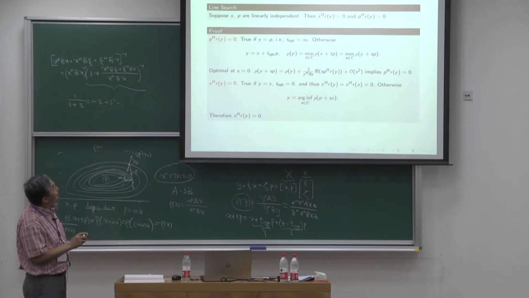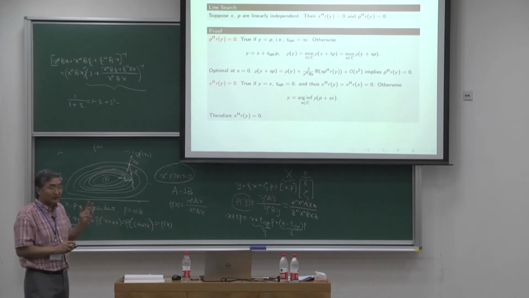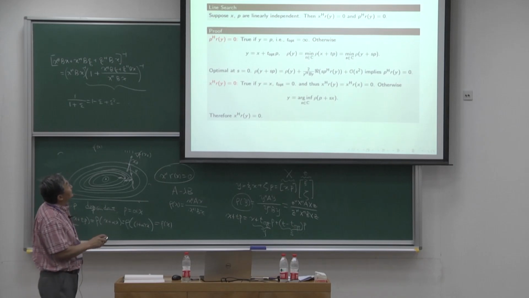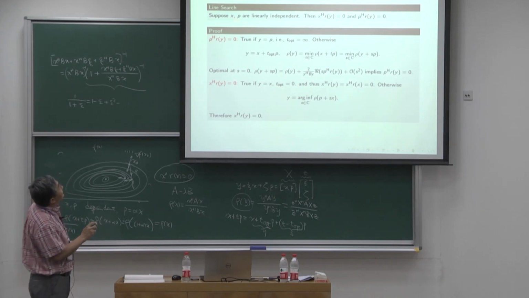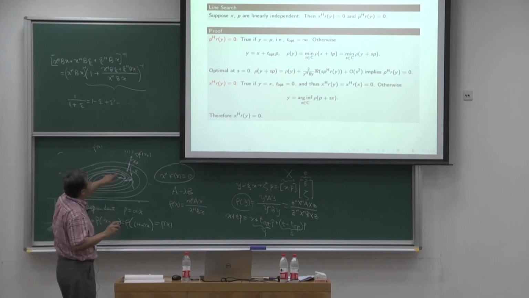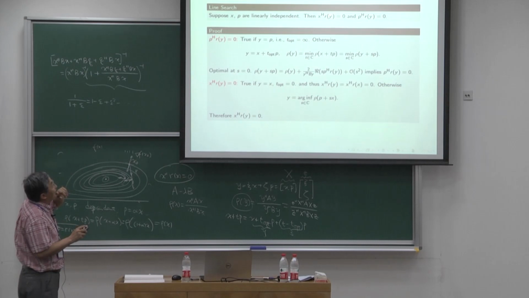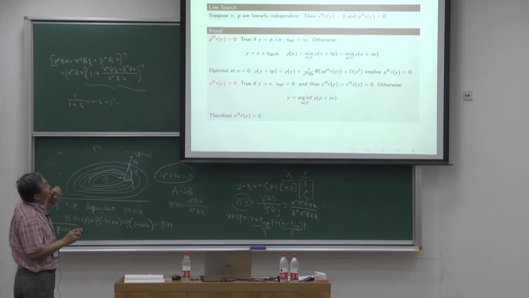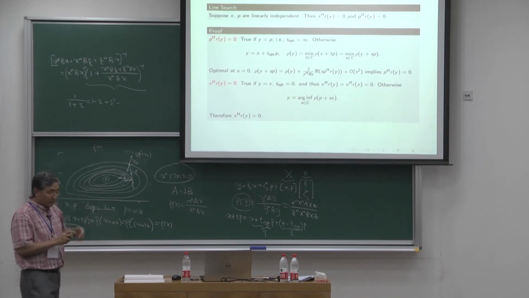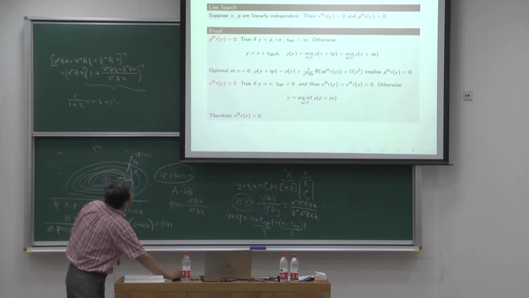And the other equality, x transpose ry equal to 0, can be proved in a similar way. I'm going to skip that. So what it means is that when you do a line search from x to y, the residual equals 0, and the p direction also equals 0.